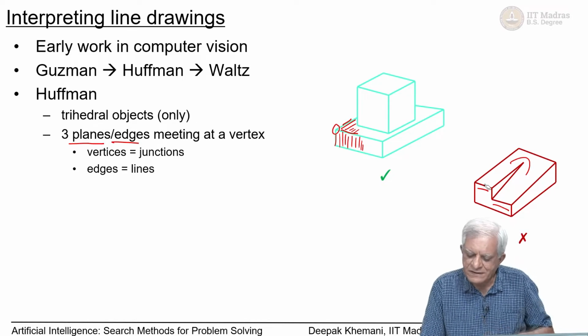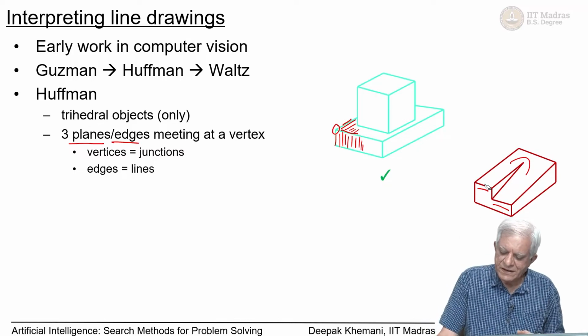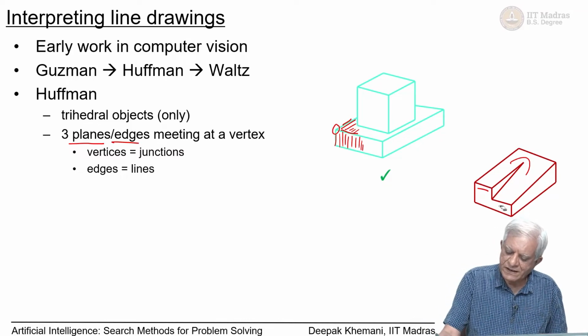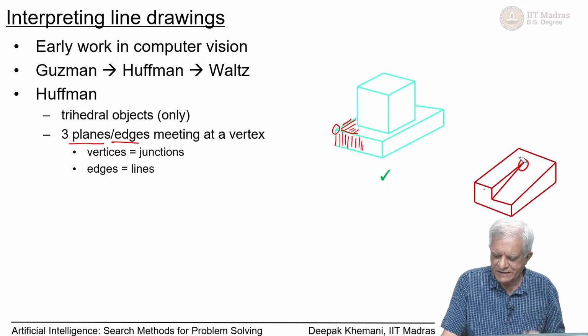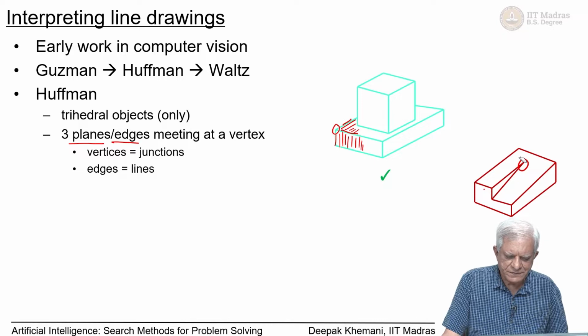So, it is not a plane essentially. So, it is not a trihedral object, and one of the ways of identifying that is also the fact that at this vertex only 2 edges are meeting essentially. But in trihedral objects, at every vertex there must be 3 edges which come together.